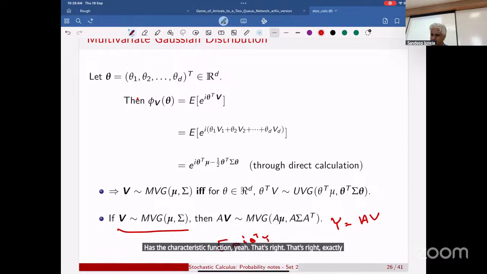So what that means is we'll get A times V here, and essentially now we have a different theta.